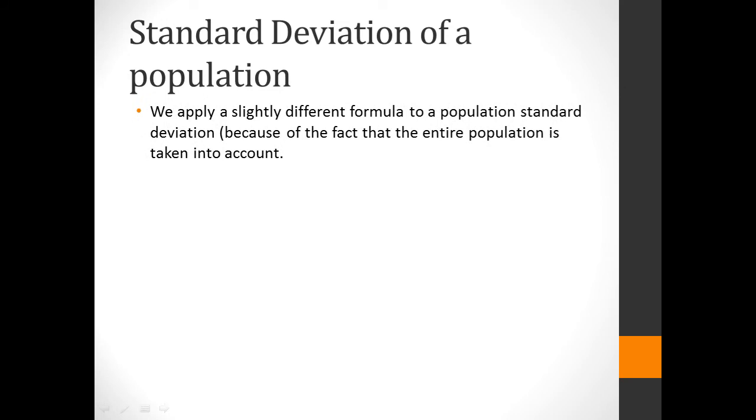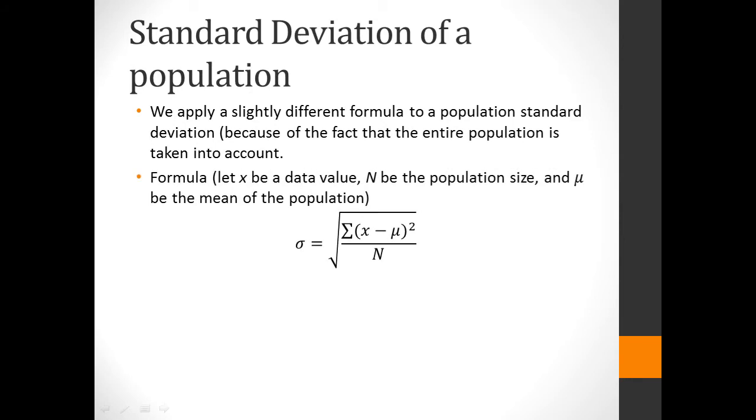The standard deviation of a population changes slightly because we have a population instead of just a sample. The formula here, a couple of things we'll talk about: again, X is the data value. We're taking the entire population into account this time, not taking one of the values out. And mu, that funky letter U there, is called mu, and that's the symbol for mean of a population.